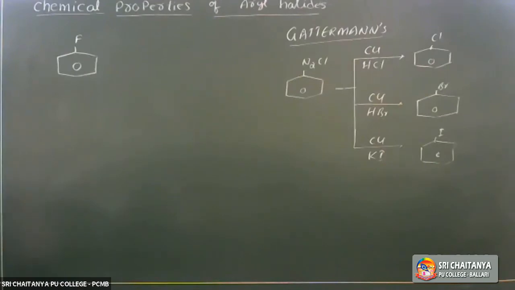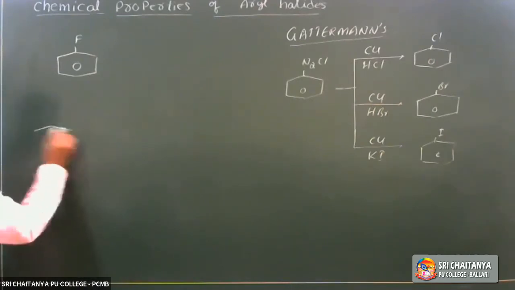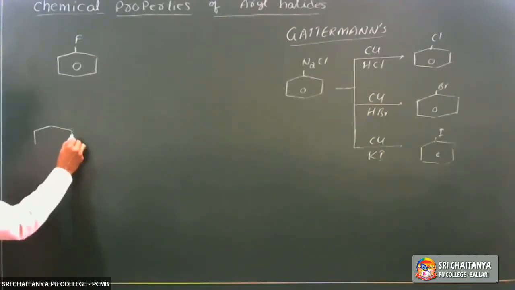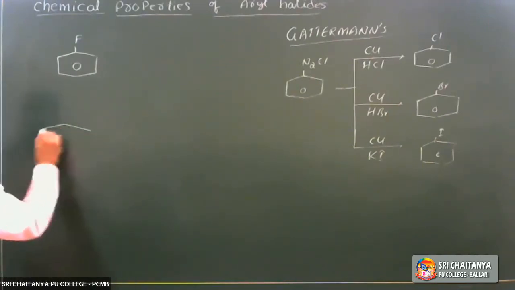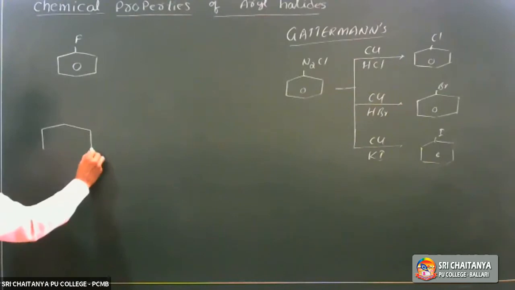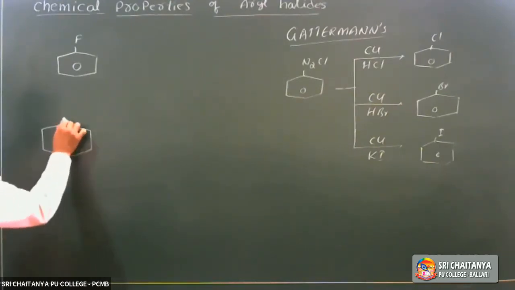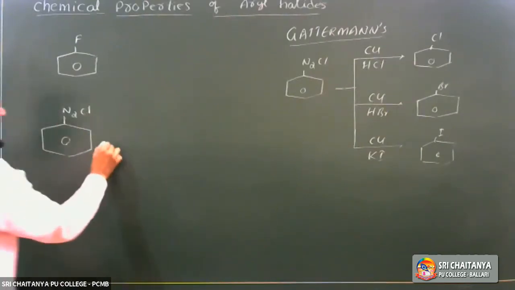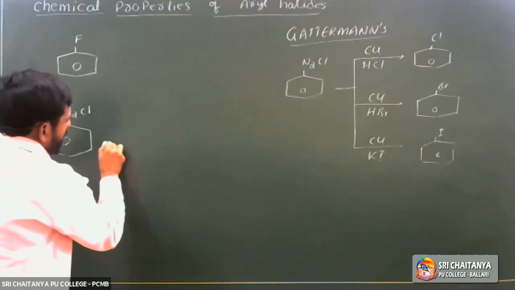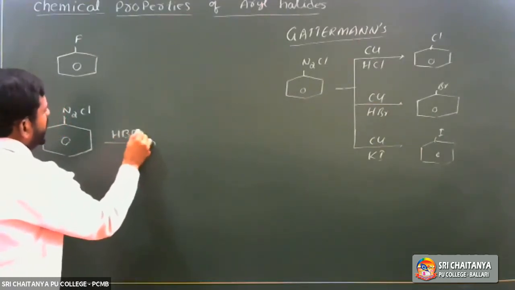So it is also prepared from benzene diazonium chloride. Benzene diazonium chloride, with a benzene ring and N2Cl, is treated with HBF4.